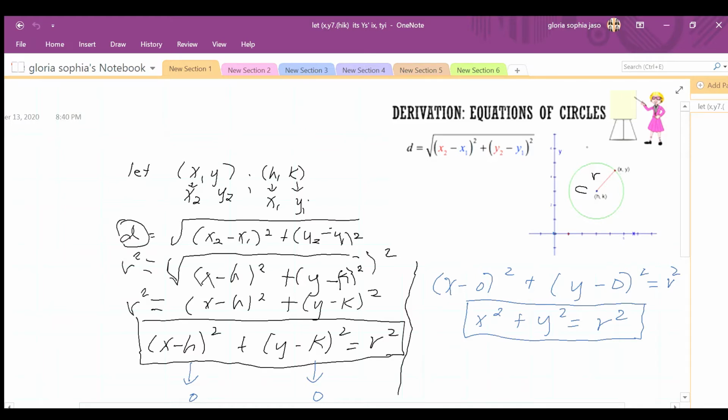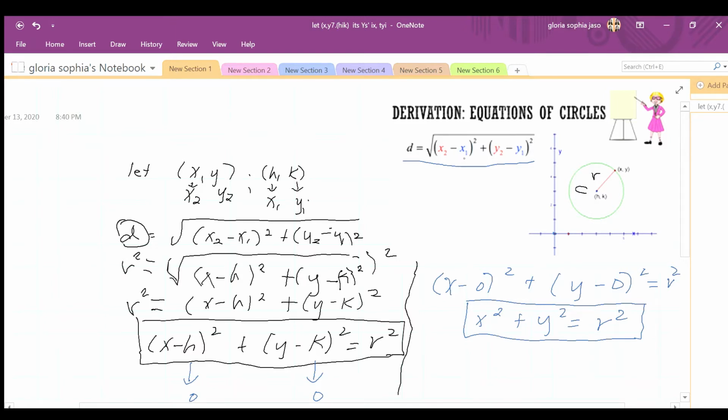So, para ma-derive natin yung equation ng circle, we will apply the distance formula. So, napag-aralan natin nung junior high tayo na yung distance formula is ginagamit natin siya kapag magkukompute tayo ng length ng segment or magpapain tayo ng distance between two points. So, ito yung formula.